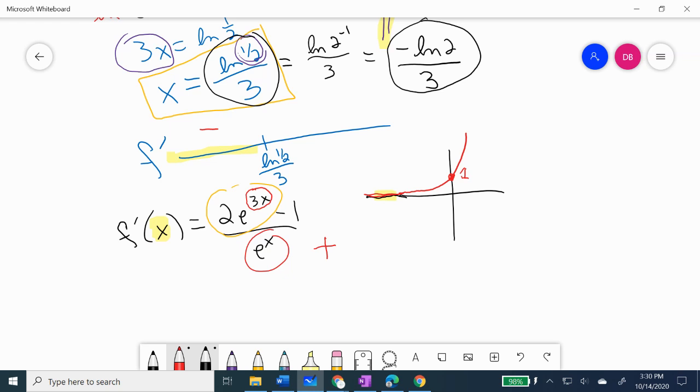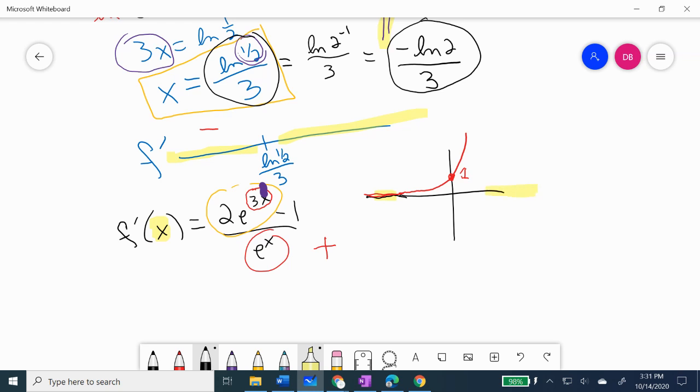Think of some ridiculously large number, or maybe even just think, what does e to the x do when it gets ridiculously big? Whatever I choose for x that is larger than this number, I plug it in here, I multiply it by 3, and I have a really big x coordinate going into the exponential.